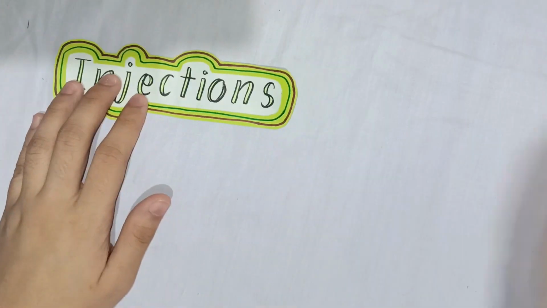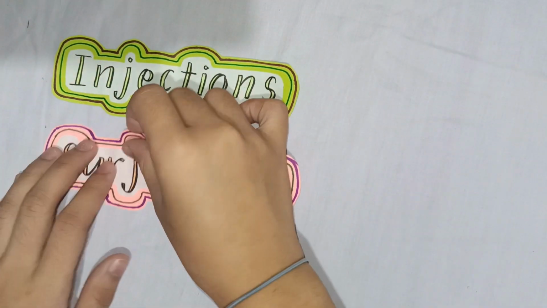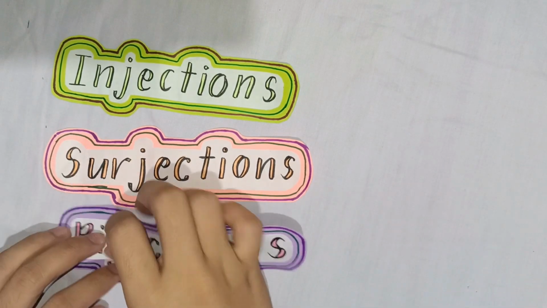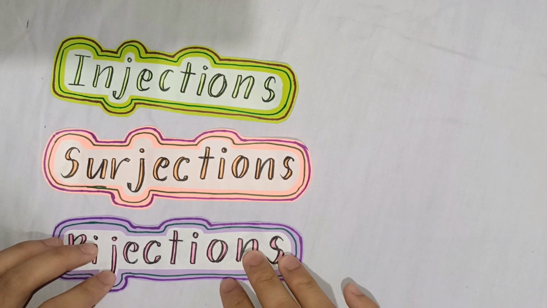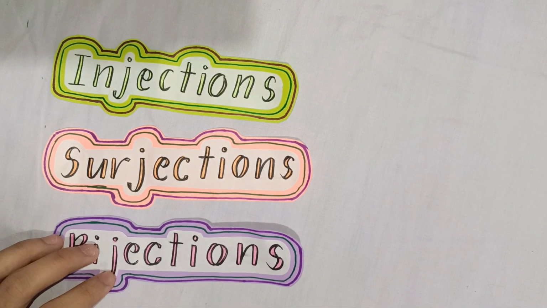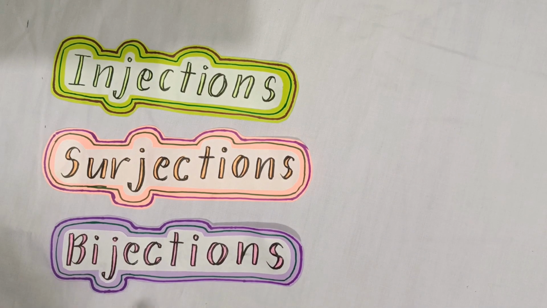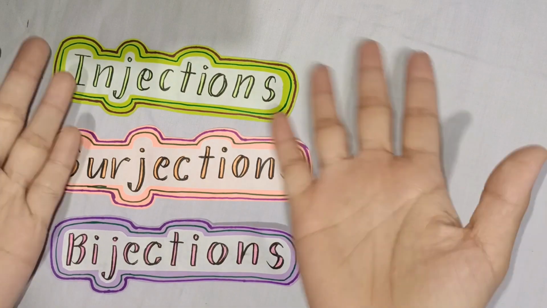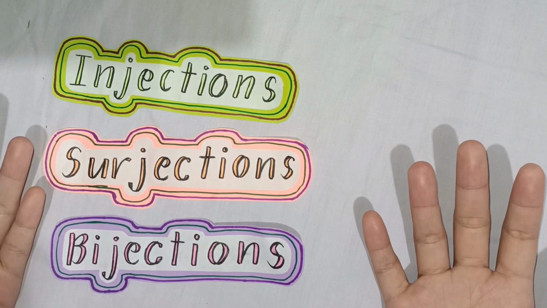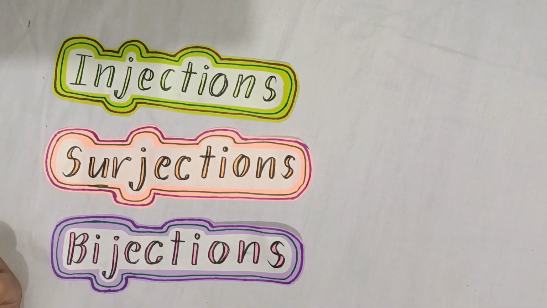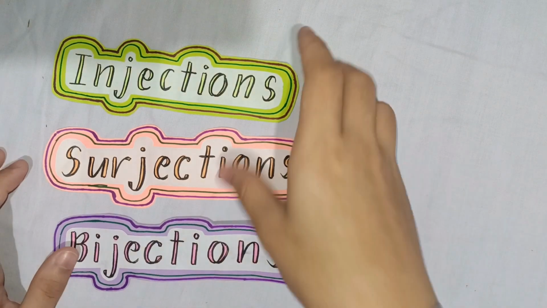So the injections, surjections, and bijections tell us how a function behaves, or how the function relates the inputs to its outputs, or the domain to its codomain.